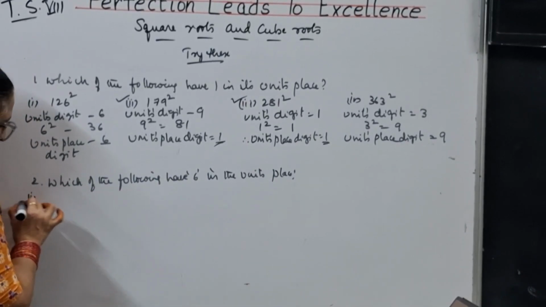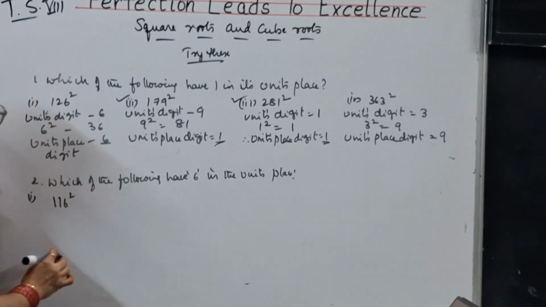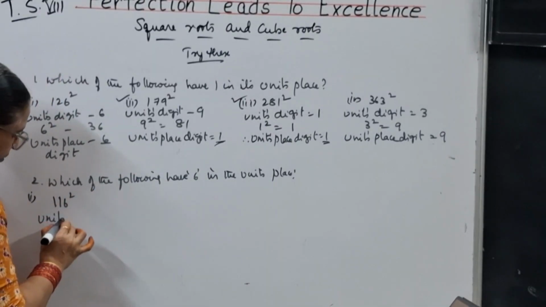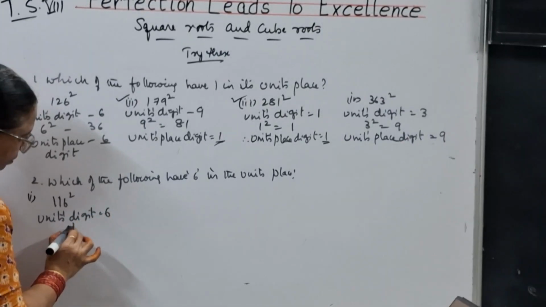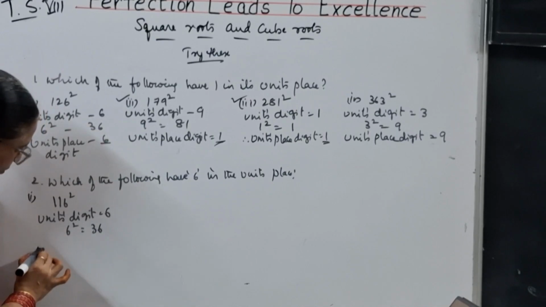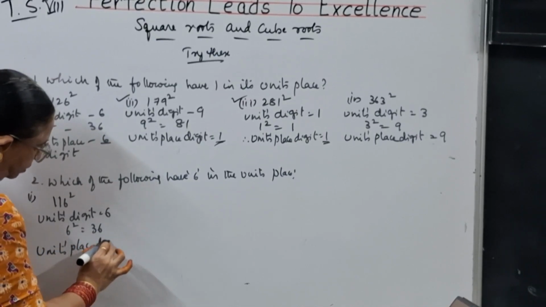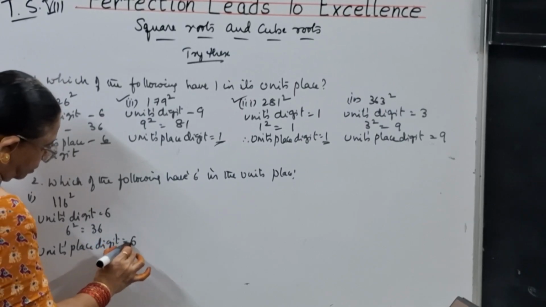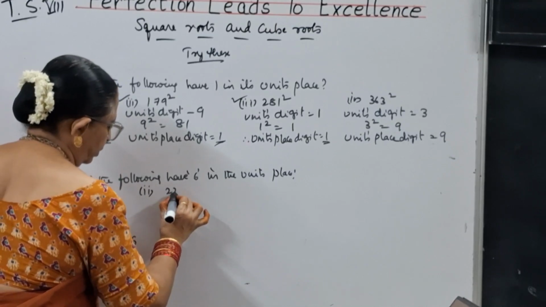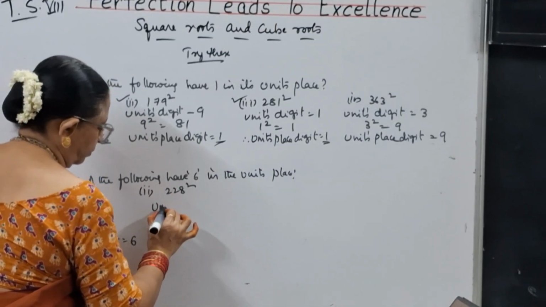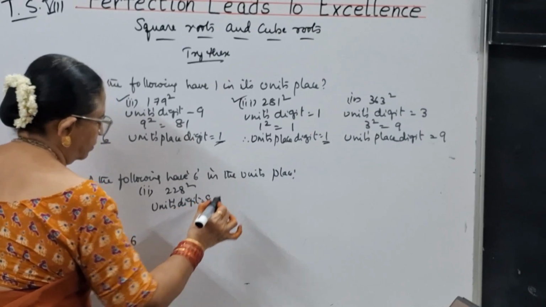Now, same way, here second one, 6 in its units place. 116 whole square. So, what is units digit? Units digit is 6. 6 square is 36. So, what is units place digit? Definitely it is 6. Second bit, 228 square. So, what is units digit? Units digit is 8.